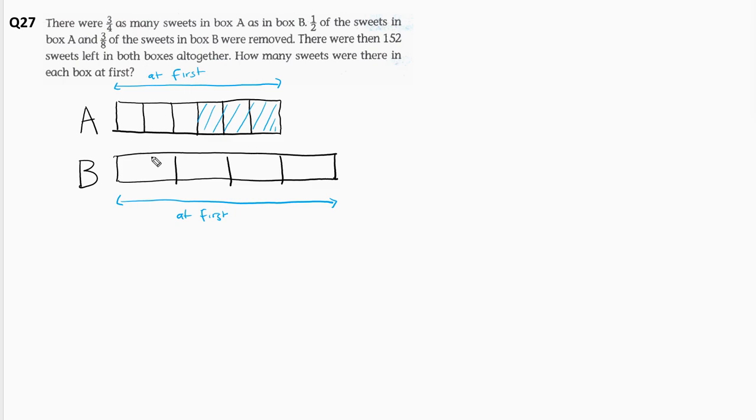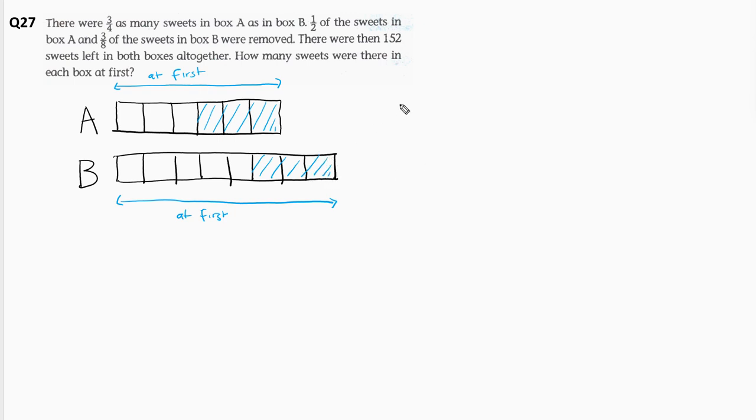If you split each of these into 2, keeping all of the parts the same, we end up with eighths, don't we? 1, 2, 3, 4, 5, 6, 7, 8. All of these parts have the same value. This part is equivalent to this part. And it tells us that 3/8 of box B's sweets were removed.